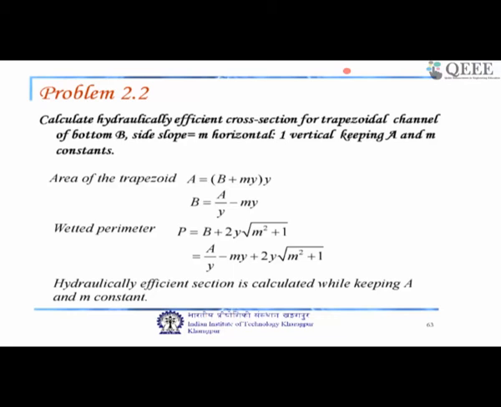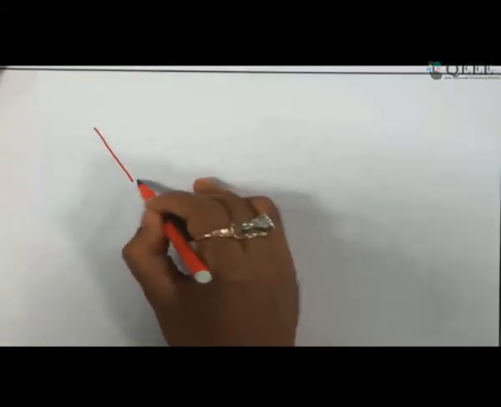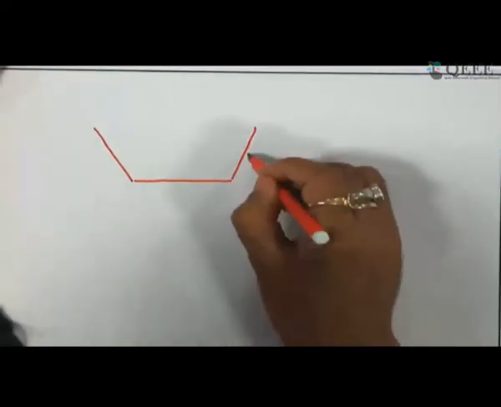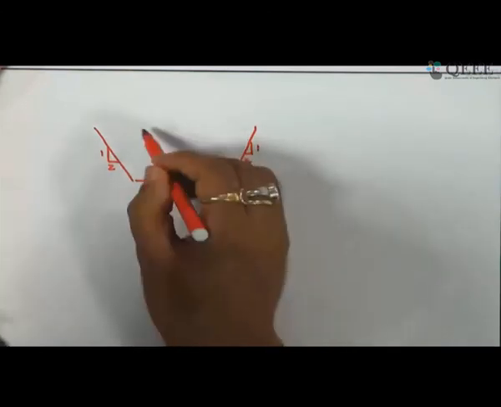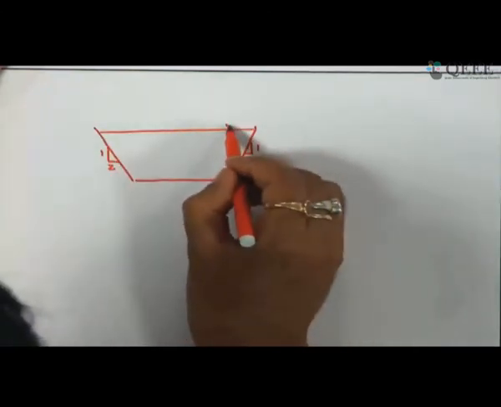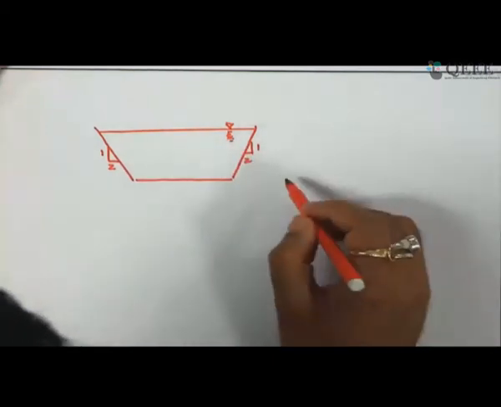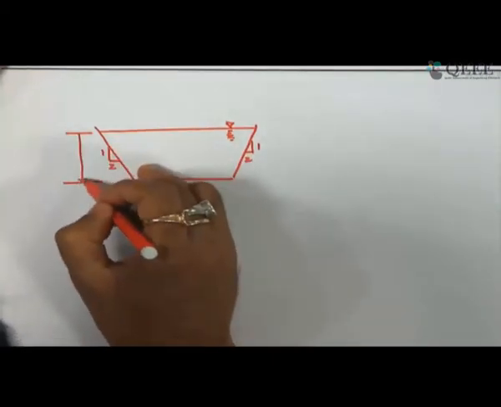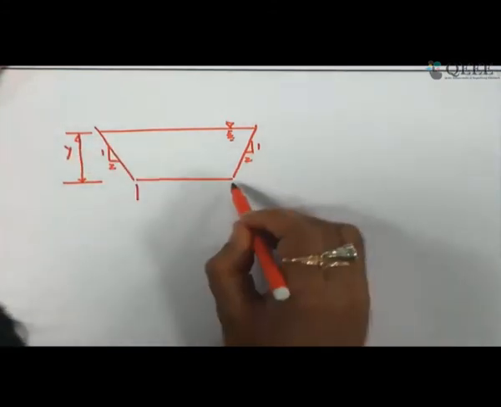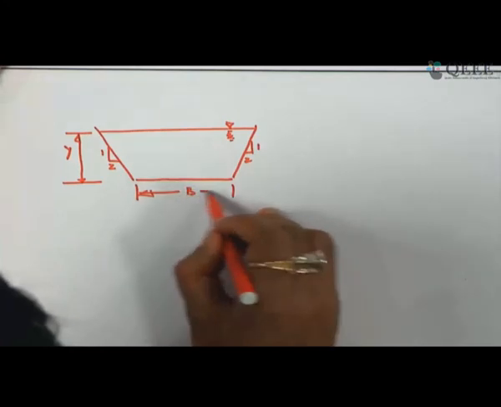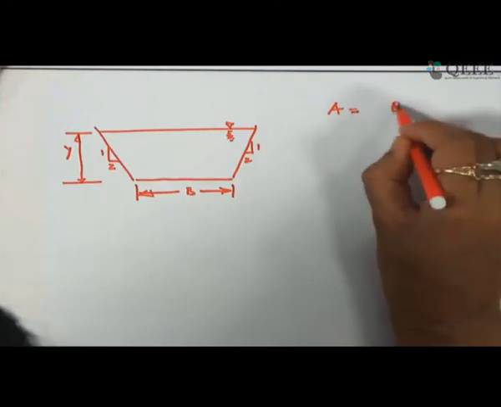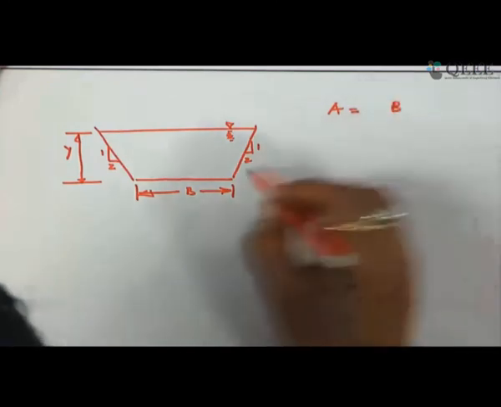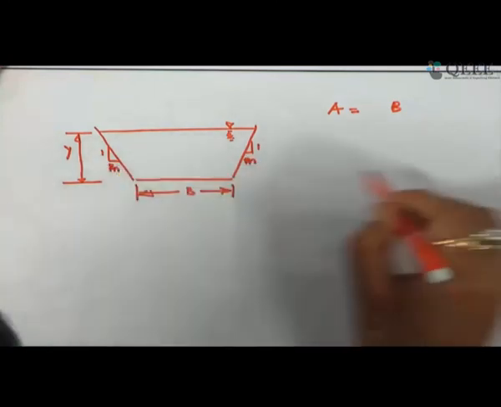The area of the trapezoid is (B plus my) into y, and the depth of flow is y. This is b, and the side slope is m.